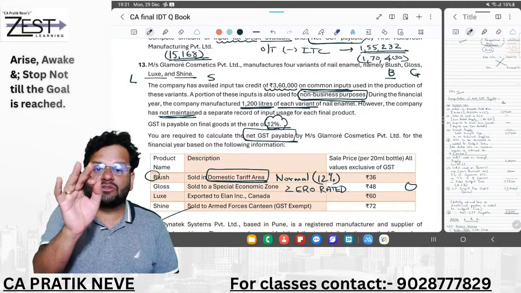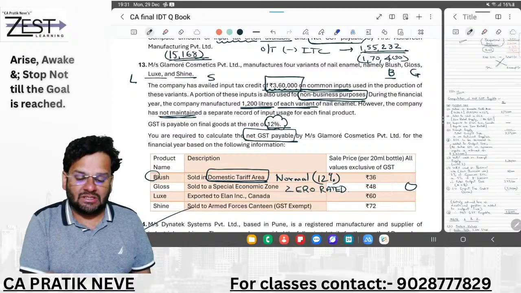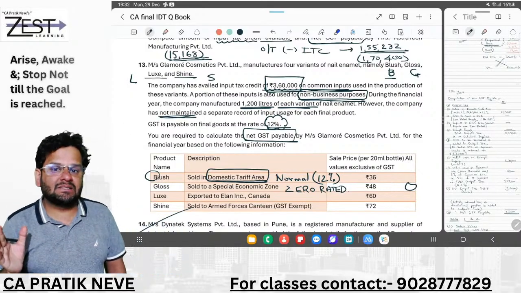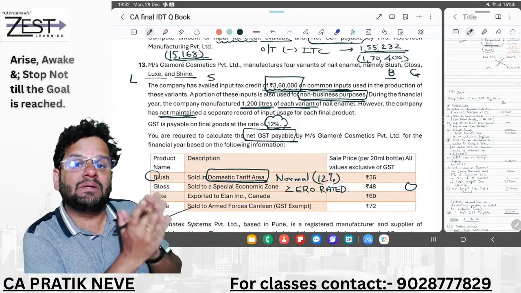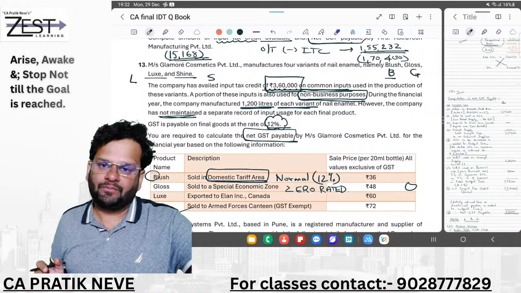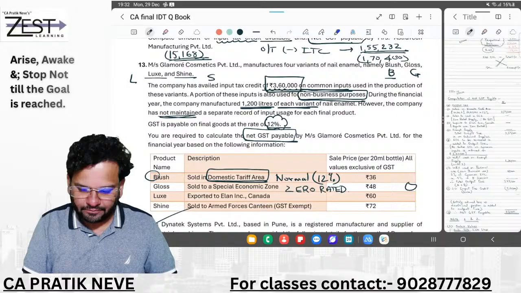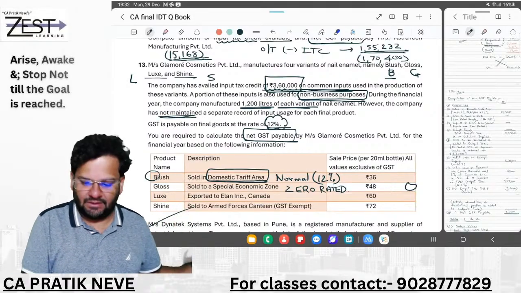And of course we know that the ITC which we have taken in the e-credit ledger is 3,60,000. But just answer my simple question, will 3,60,000 be allowed as it is? Of course it will not be allowed, because it is used for all these 4 things.